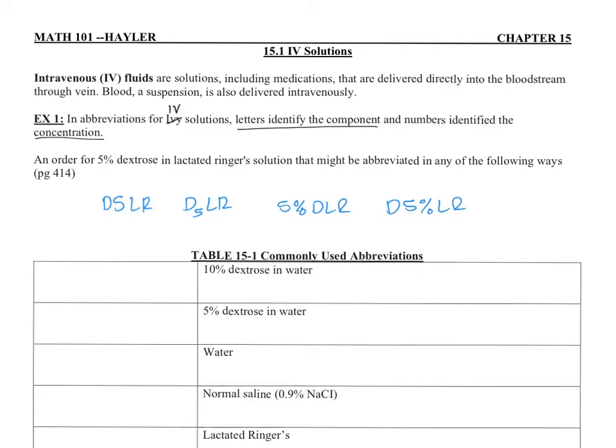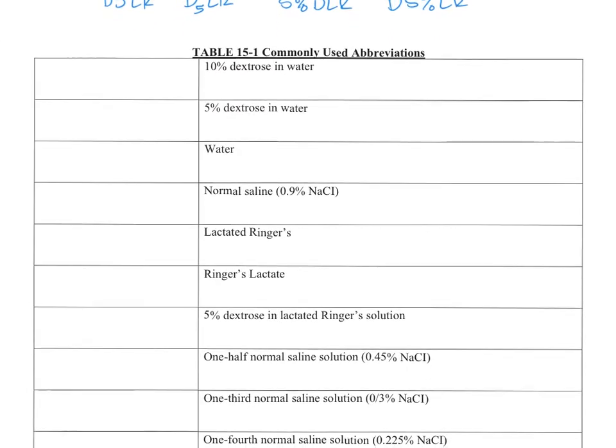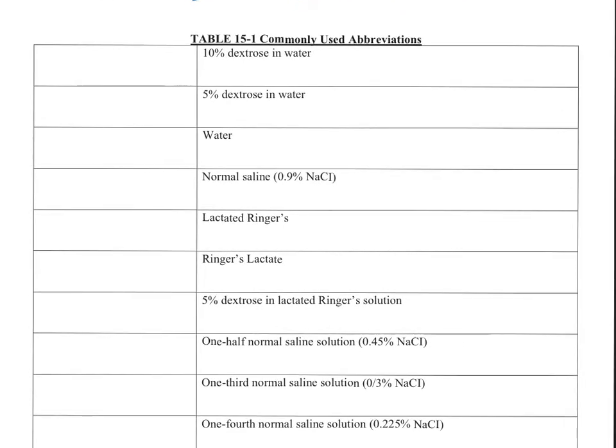On the table we're going to look at next, there are different ways to use the abbreviations, and it would largely depend on where you're working and who you're working with and what their preference would be. So, for the next one, 10% dextrose in water, we would do D10W, dextrose 10 water. For 5% dextrose in water, it would be similar, so D5W.